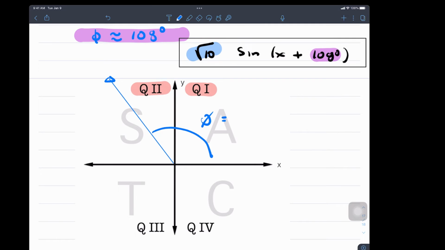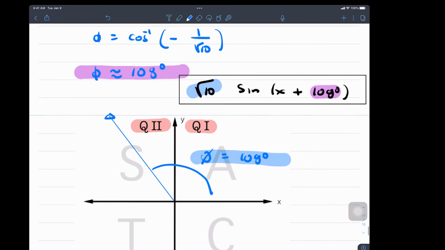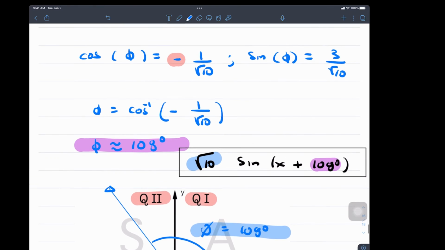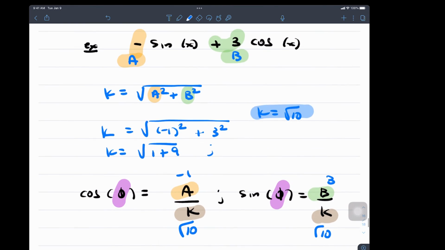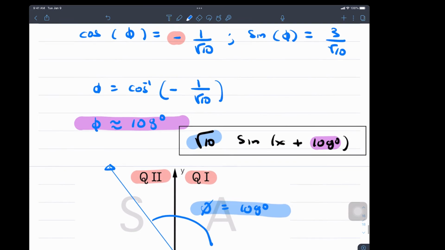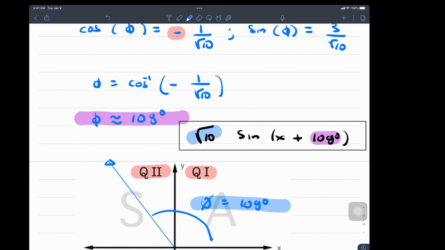It's going to equal what? 108 degrees. Easy breezy lemon squeezy.